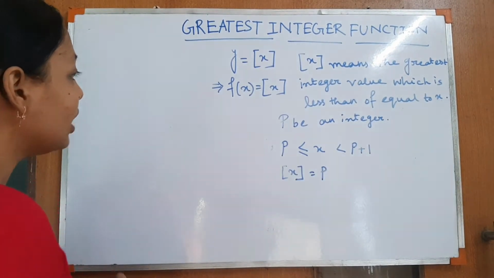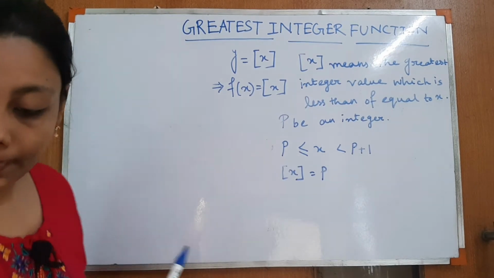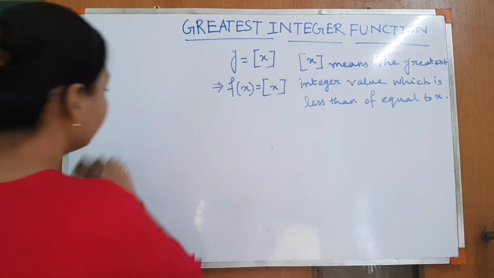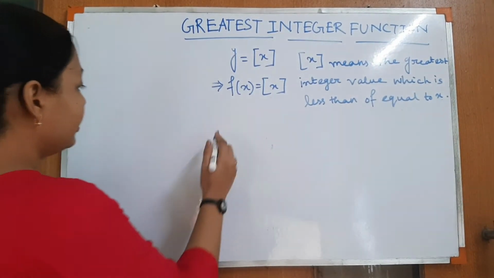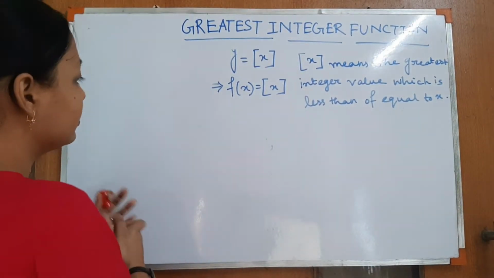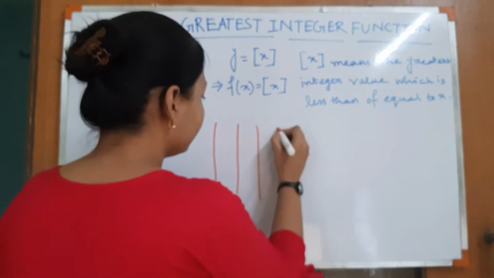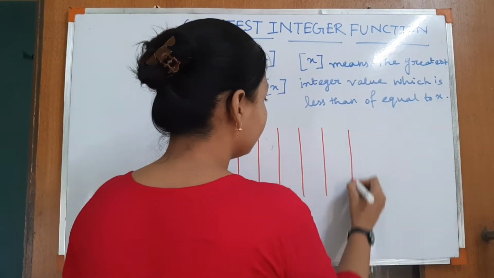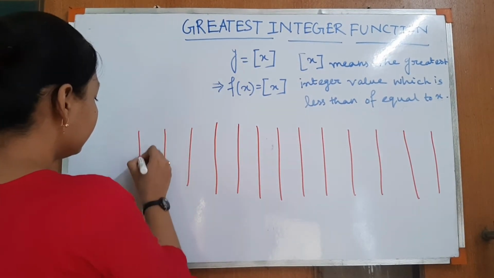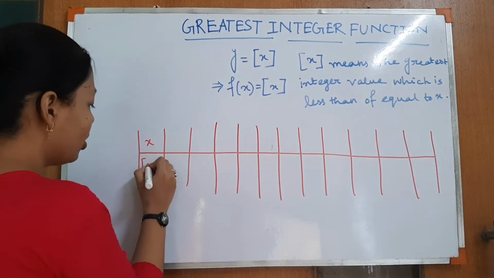Now we take some examples. Here we make a chart. Here is x and here is box x.